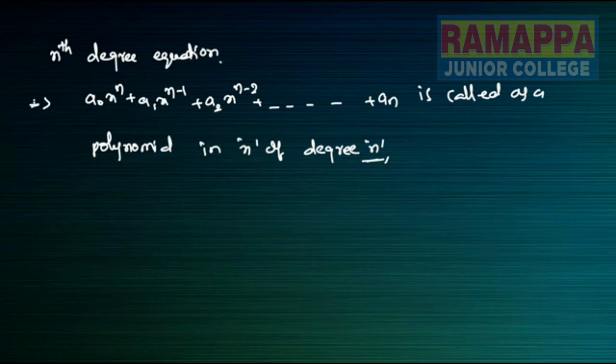So this is the introduction part, where we have to learn some important things about the degrees, and the roots are also very important. On that only we are going to find the solution.